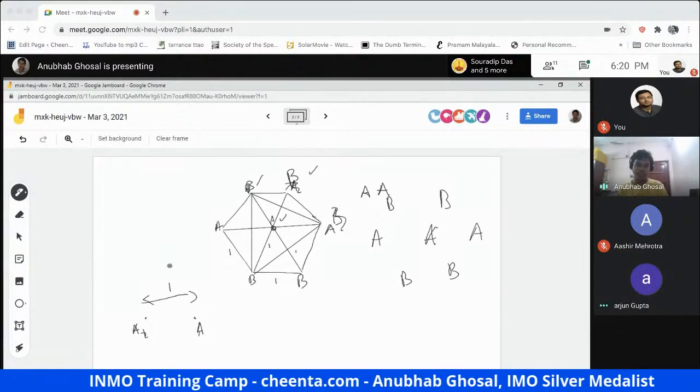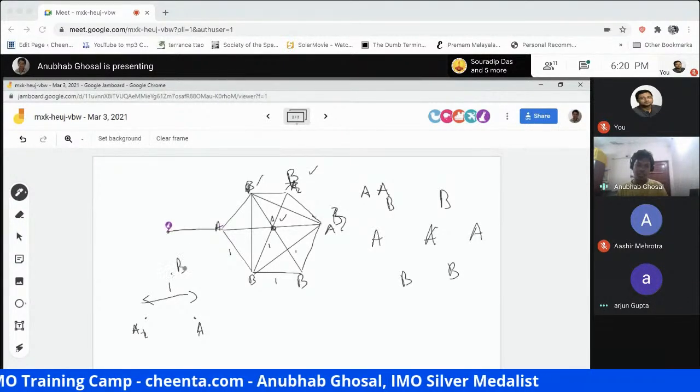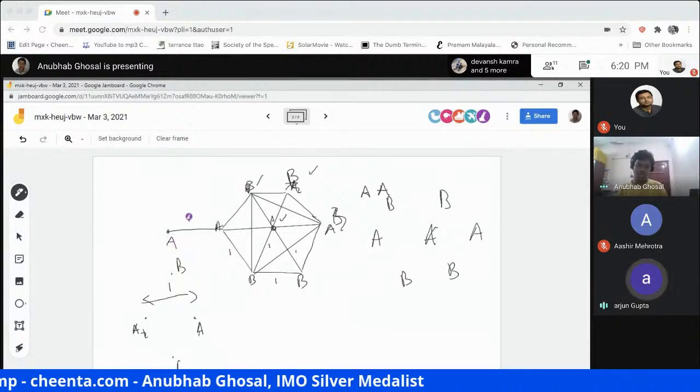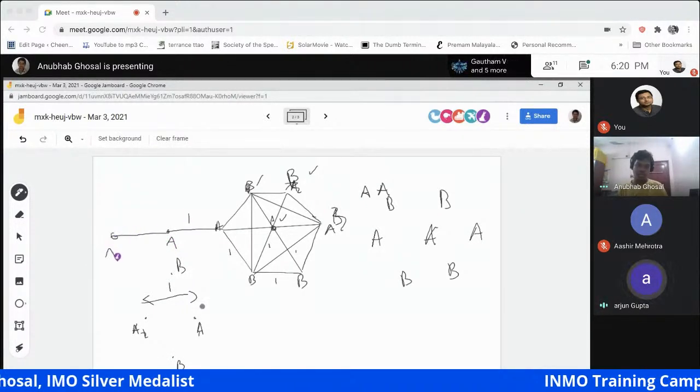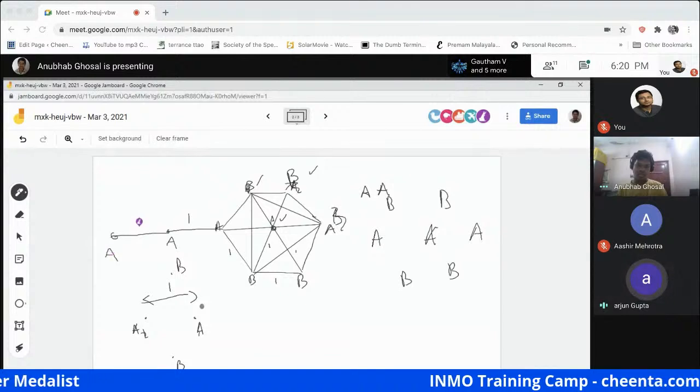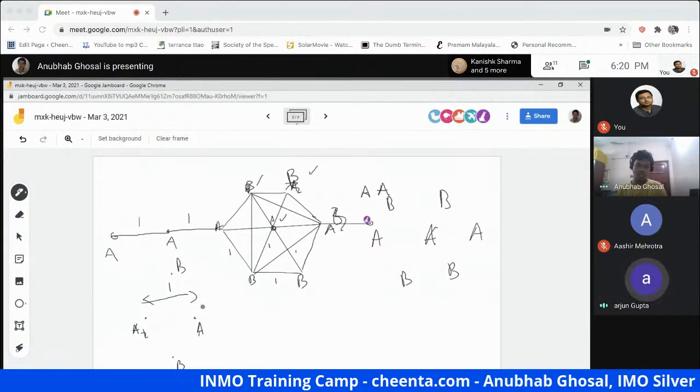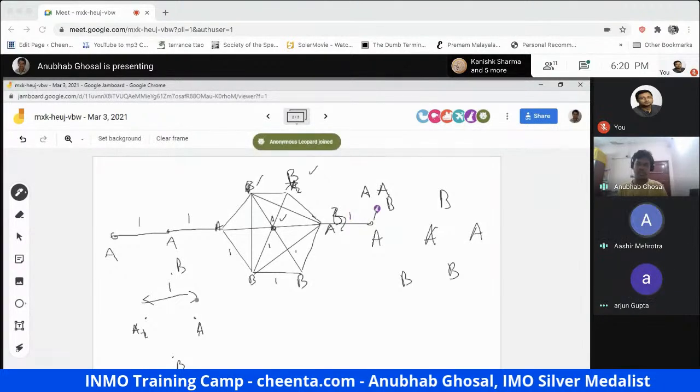Suppose they are A, then this has to be B, and this has to be B. Basically, on this line, everything at distance 1 would go on to be A. If we extend to distance 1, then this should also be A. Why is that?